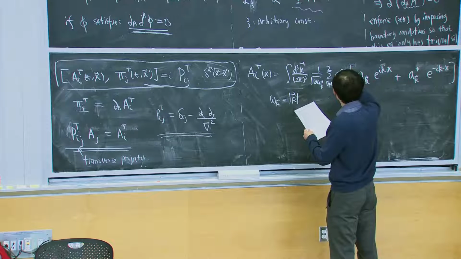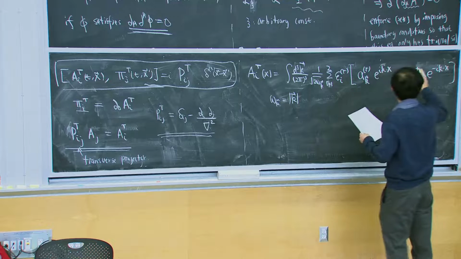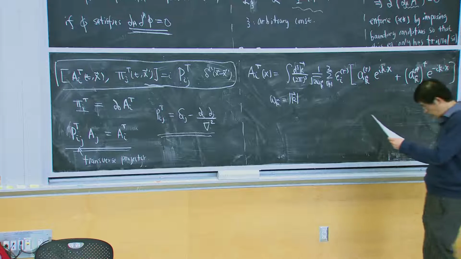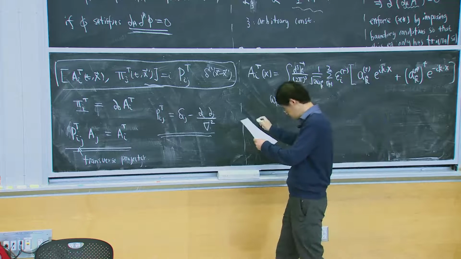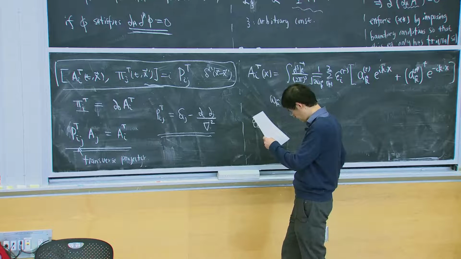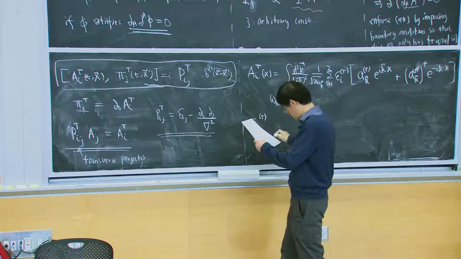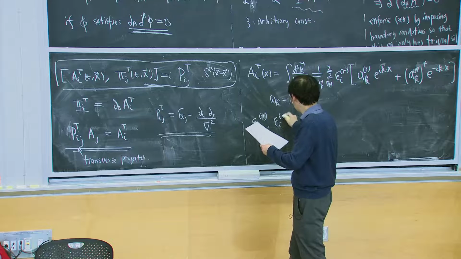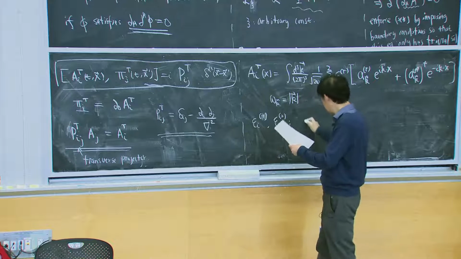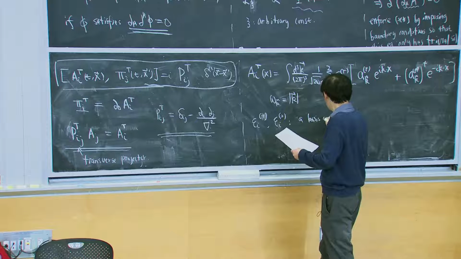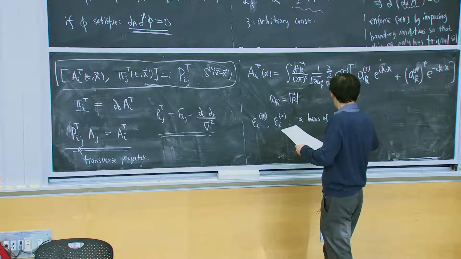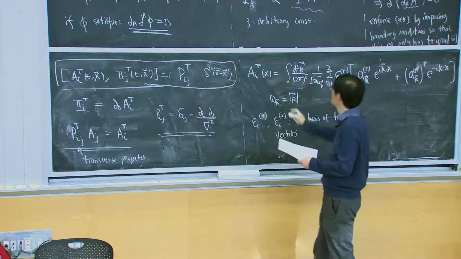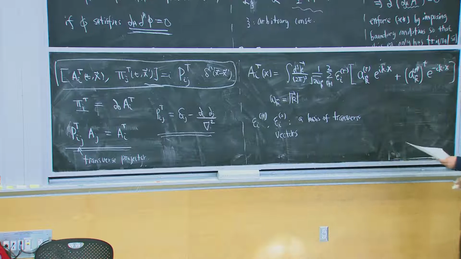Epsilon^1 and epsilon^2 are a basis of transverse vectors, because A_i has to be transverse.